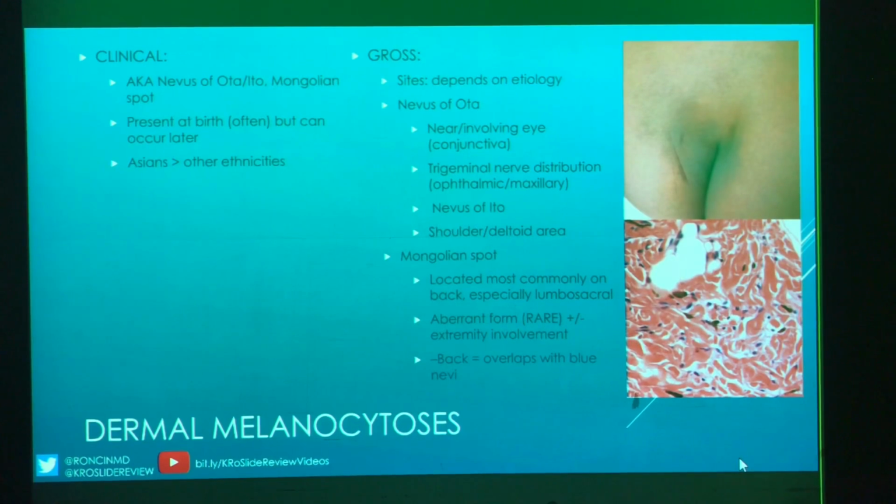And the Mongolian spot obviously being the most well-known, where it involves the lumbosacral region. There is a variant, of course there's a variant, that can involve the extremities, and it should not involve the back, which has some overlap with the blue nevi that we just saw.